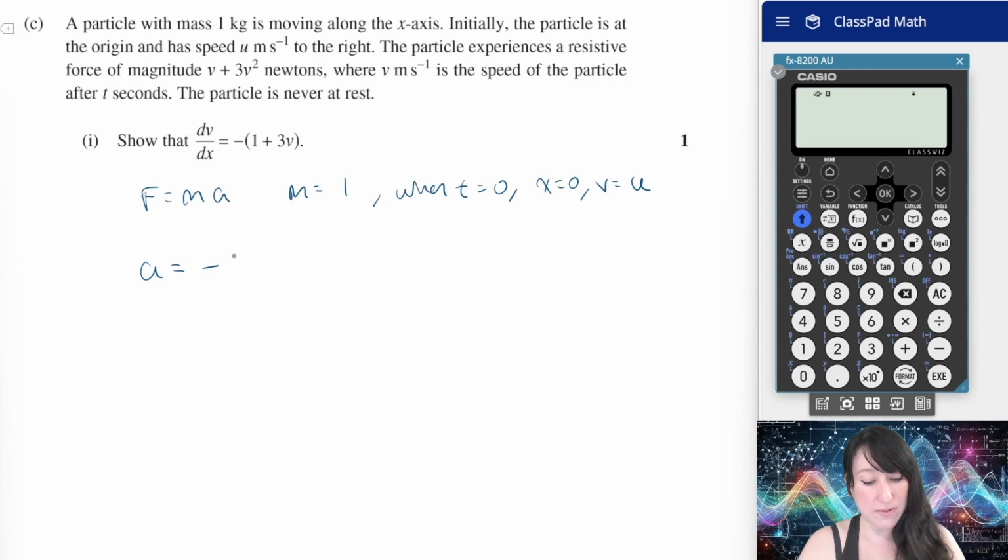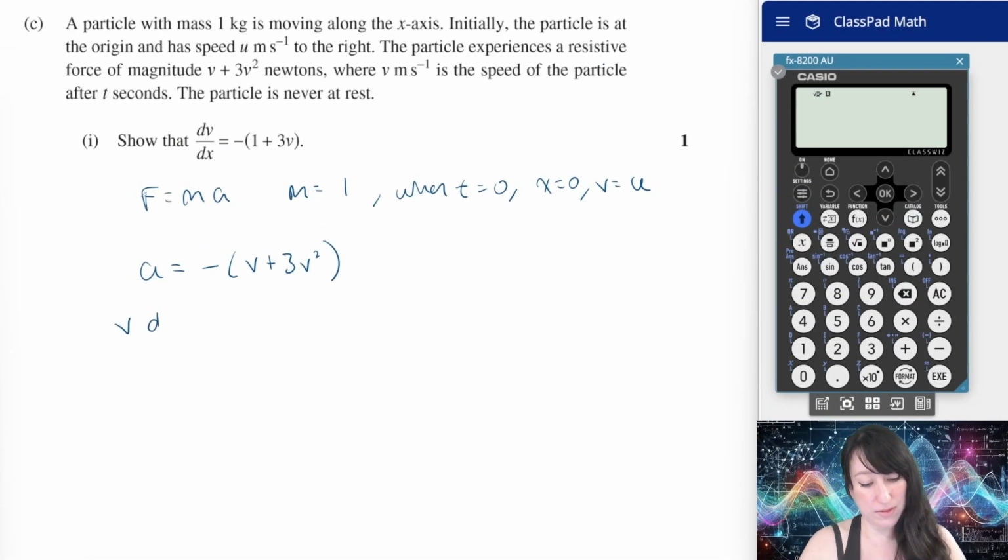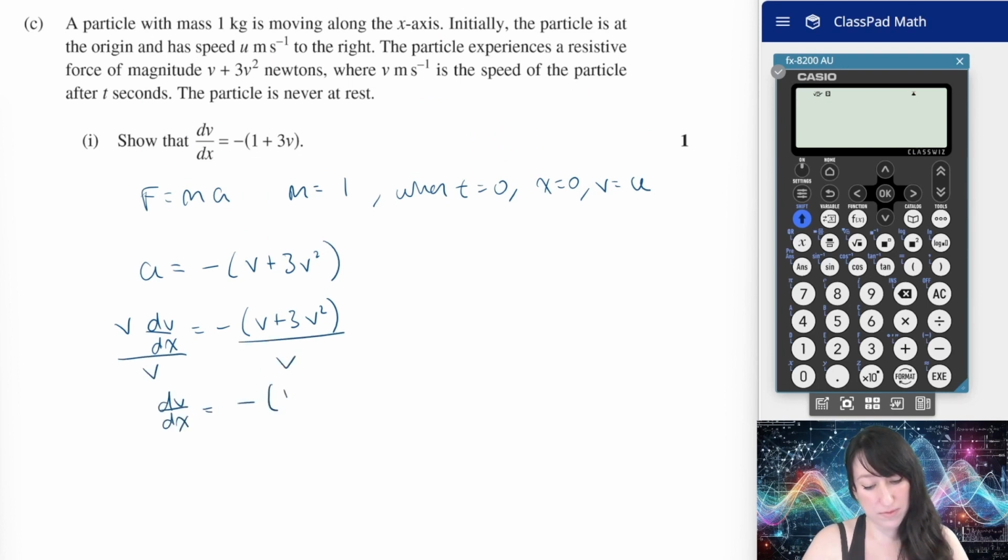That'll be negative v plus 3v squared. Now, if we look at our reference sheet, we have that acceleration is equal to v dv/dx. And we'll divide by v. And that's the result.